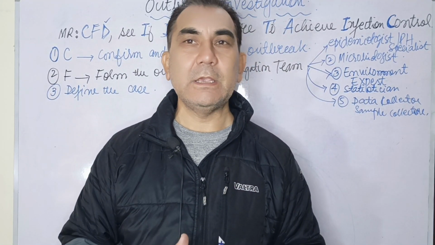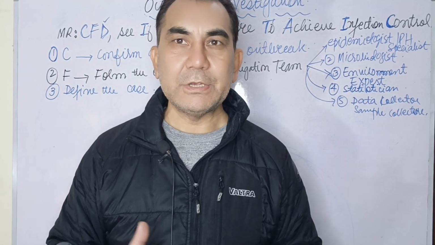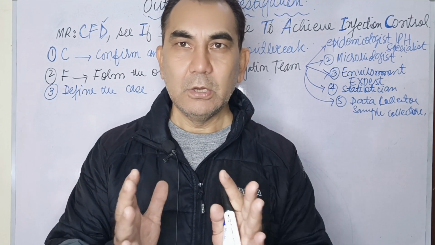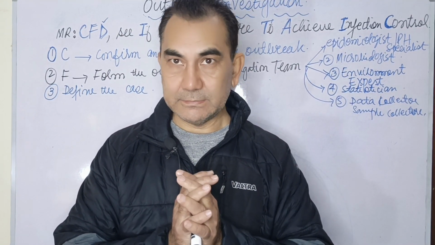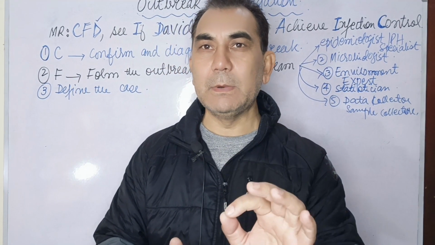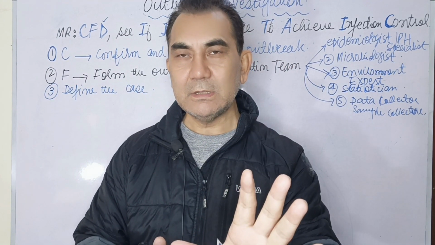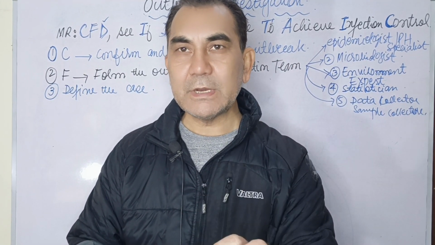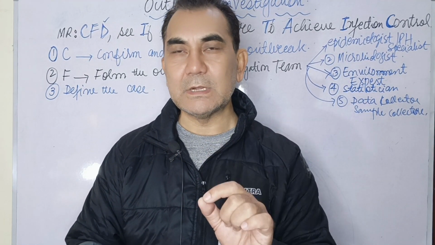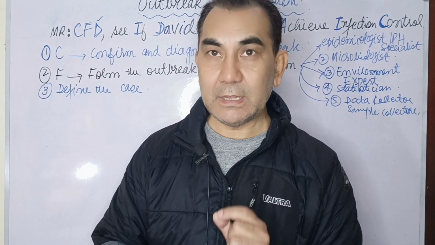You will define the case according to the international agency or the local agency which has defined that particular type of disease. So first of all, you will define the case: this is a case of dysentery, gastroenteritis, diarrhea, typhoid, or hepatitis A.